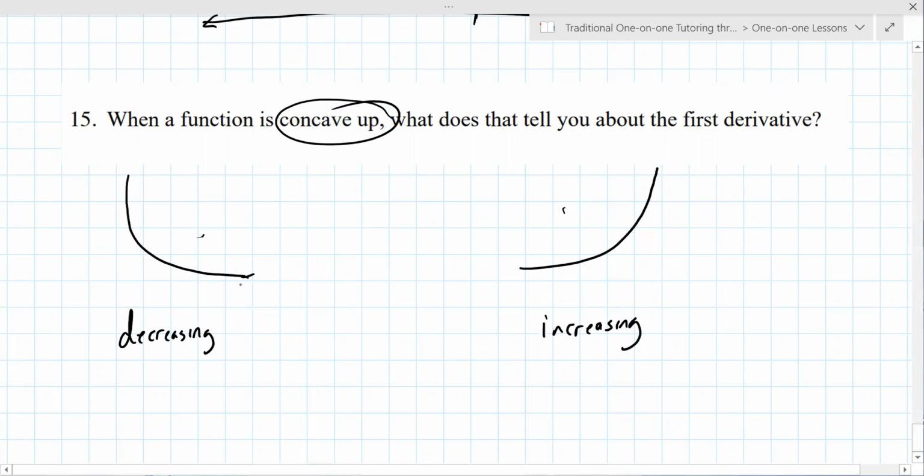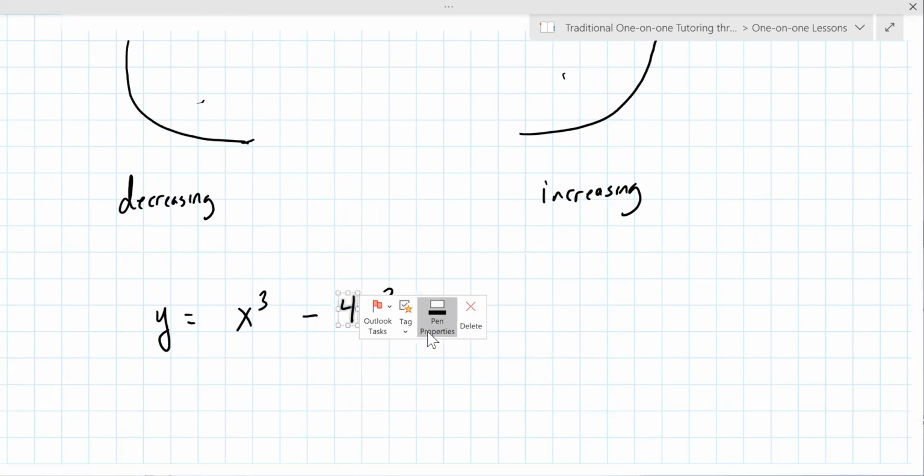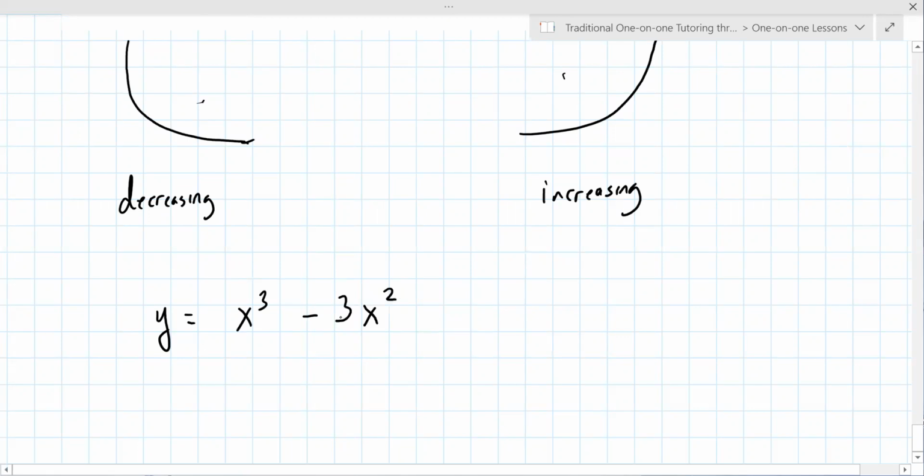So I don't know why this is here, but the way we would use this is, let's just say y equals x cubed minus 3x squared.